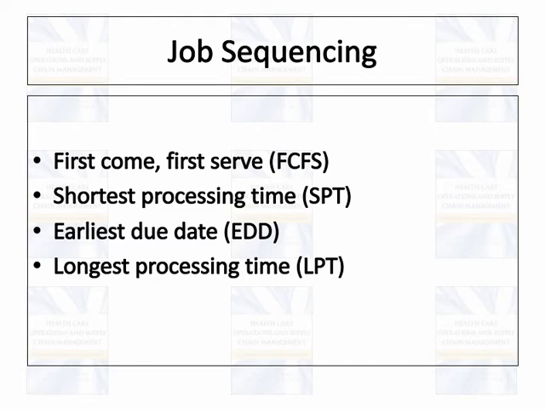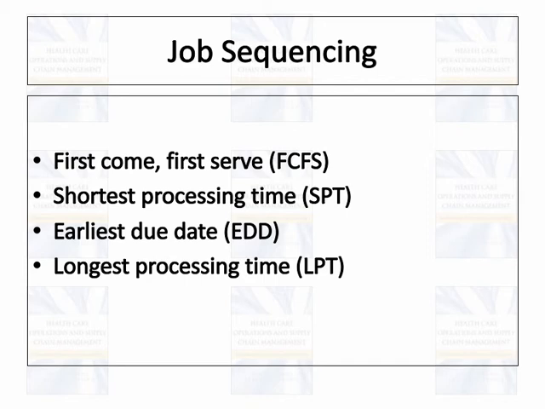Dispatching rules say that depending on the type of job, for example, you have in an emergency room 5 patients. Which one do you take care of? Is it the one that came first, first serve? Do we have to do first come, first serve in ERs or not? If not, should we go to the shortest processing time?